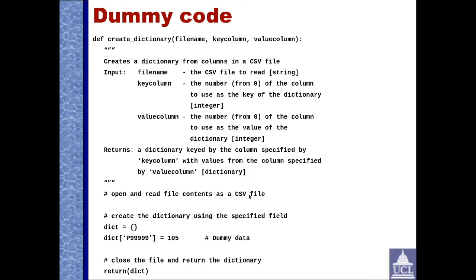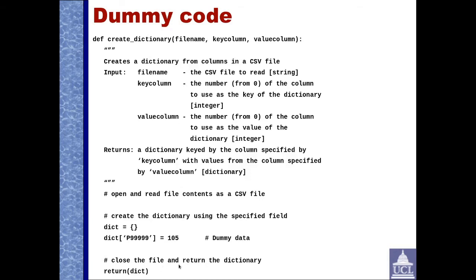It's going to open and read the contents as a CSV file. And then we're creating a dictionary. And here I've just created a bit of dummy data in the dictionary. And finally, I would normally close the file if I'd opened it, and I would return the dictionary.